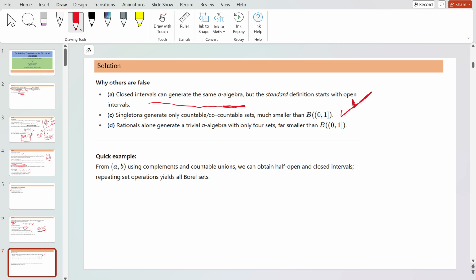Rationals alone generate a much smaller sigma algebra than 0 to 1. Using complements and countable unions we obtain half-open and closed intervals, and repeating set operations yields the Borel sets. So B is correct and A, C, D are false. Let's move forward and see the next problem.